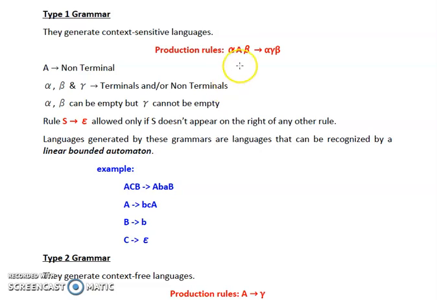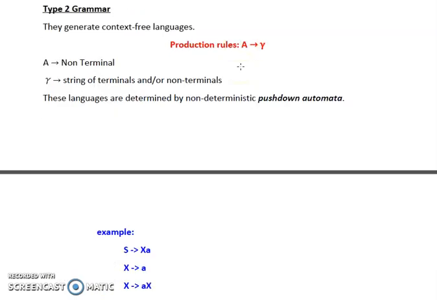Now let's start with the description of our type 2 grammar. The type 2 grammar generates context-free languages. The production rules that are used for the context-free languages are A tends to gamma.